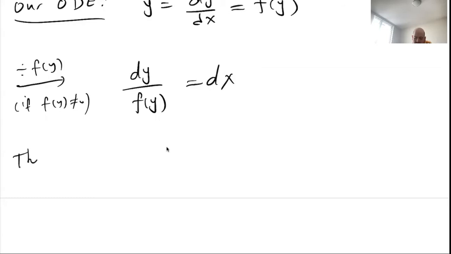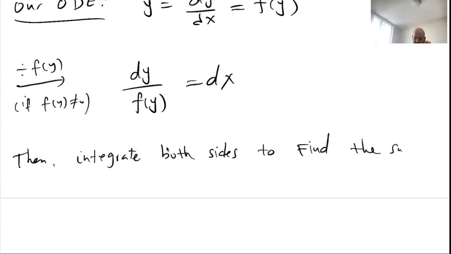And then we can integrate both sides to find the solution. Okay, so this is a simple recipe to solve equations of the form y prime equals f of y. Now let's look at a simple example of this case.